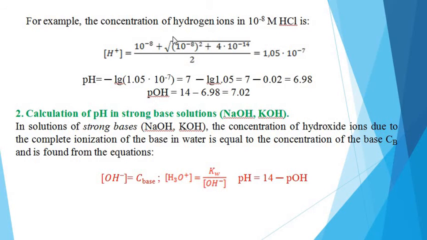Knowing this, it is easy to find the concentration of the hydrogen ion. After this we find the pH, which is equal to 6.98, and knowing pH we find pOH: 14 minus the value of pH, which is equal to 7.2.